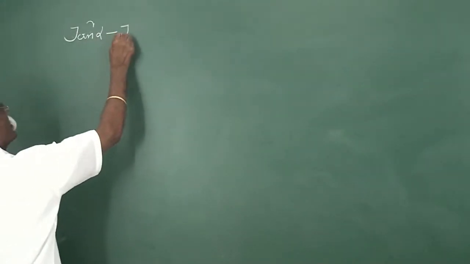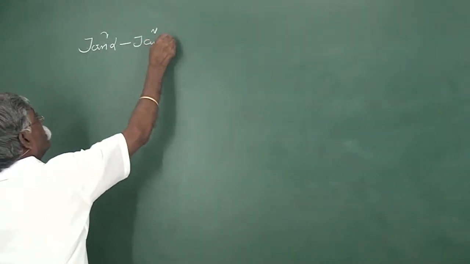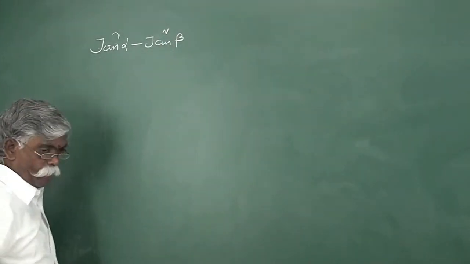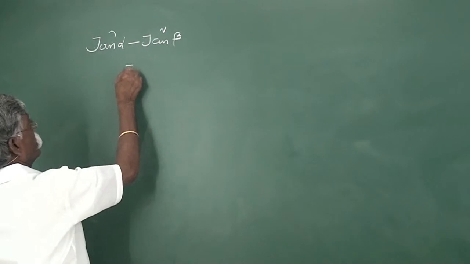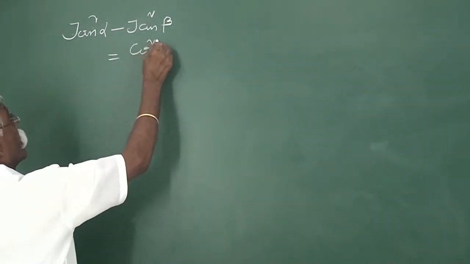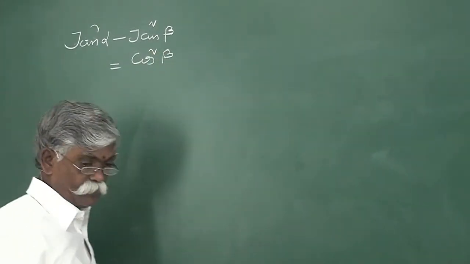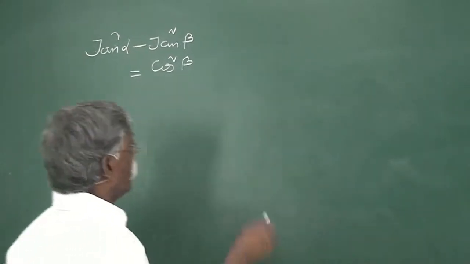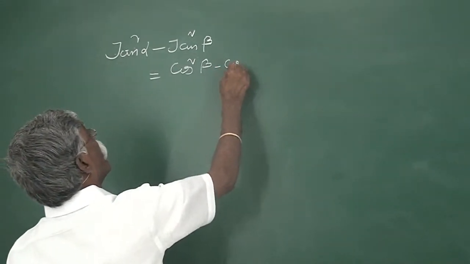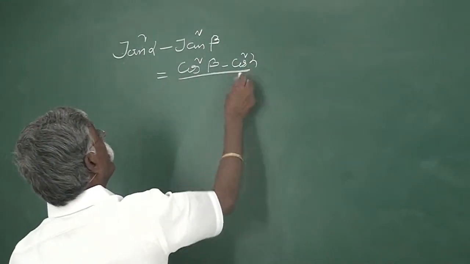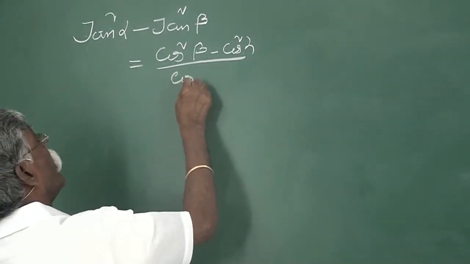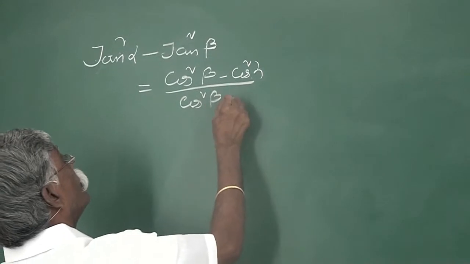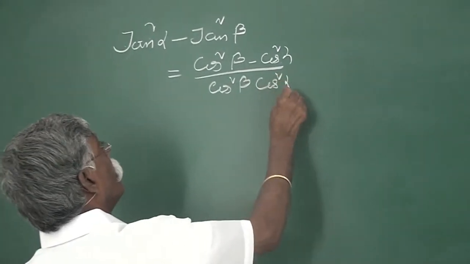Tan square alpha minus tan square beta is equal to cos square beta minus cos square alpha over cos square beta cos square alpha.